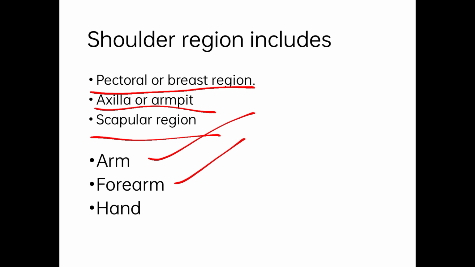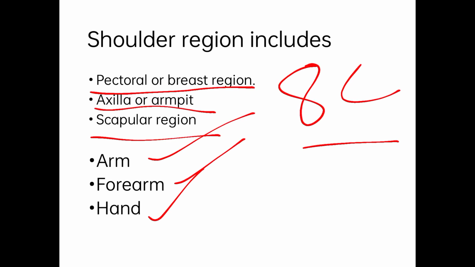Now we'll see hand. The wrist or carpus is supported by 8 carpal bones arranged in 2 rows. This is proximal and this is distal row. Now, the hand or metacarpals are supported by 5 metacarpal bones.